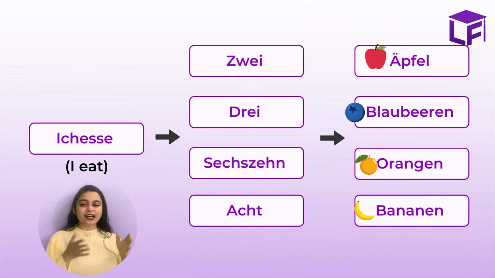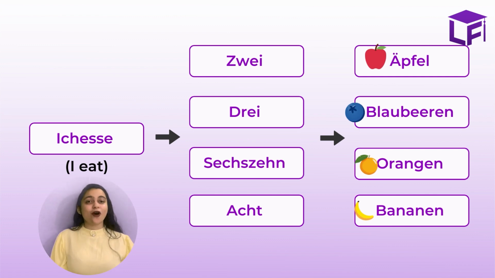Now, in the third column, we have names of different fruits. That's right. Did you know that fruits in German language are called Obst? Okay, now let us understand a few Obst. So the first Obst that I have written in the third column is Äpfel.